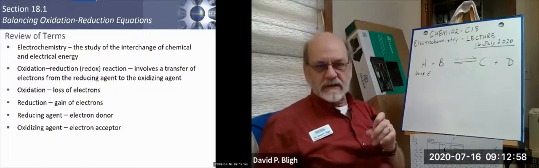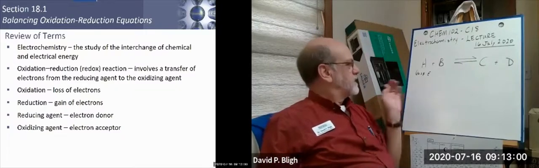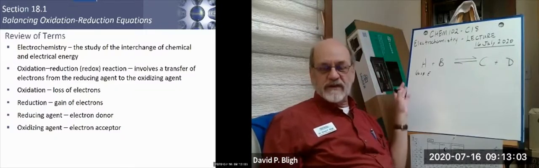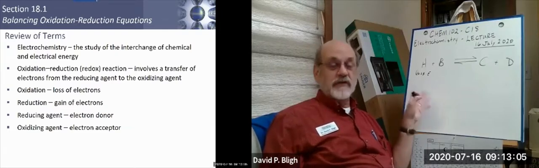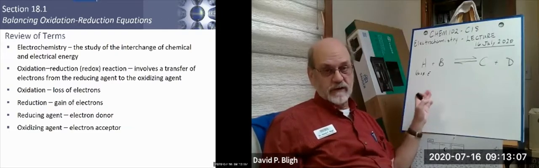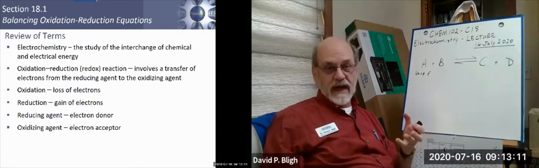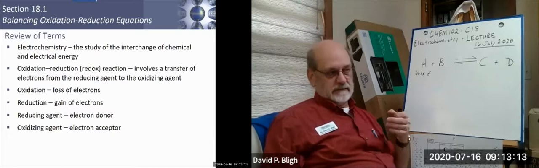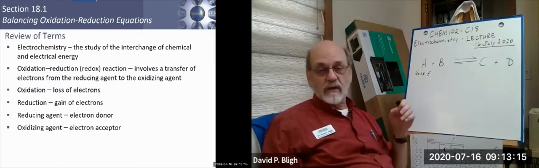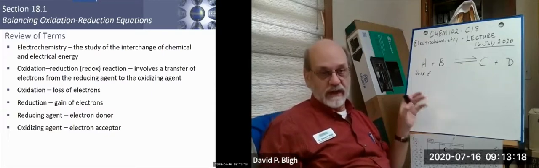One thing about electrons is when one species loses an electron, somebody else has to pick up that electron. Otherwise, you have an electrostatic charge, and most, if not all, chemical reactions are balanced in electrical charges.